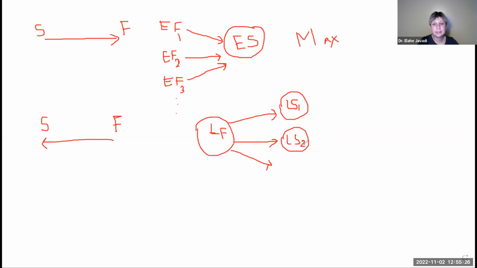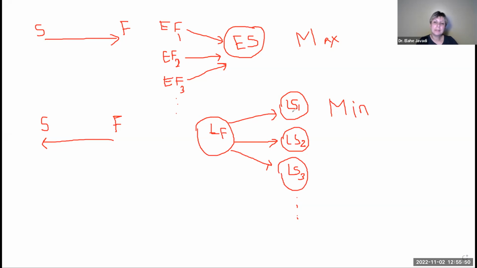This one is setting late finish. This one looks at predecessors. The other one looks at successors. This one looks at the early finish of predecessors. This one looks at their late start. So you look at their late start and you get the smallest one. You work with the min function.